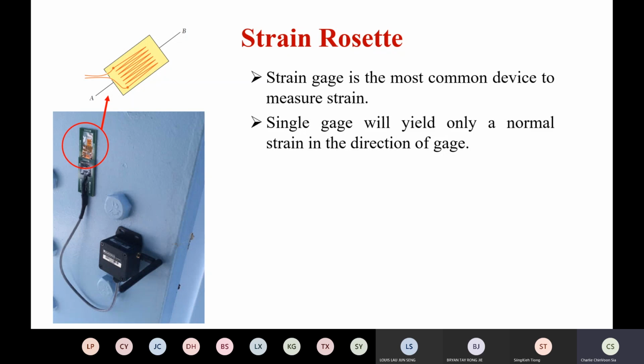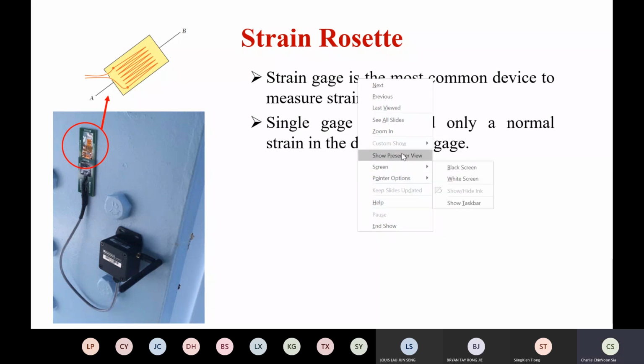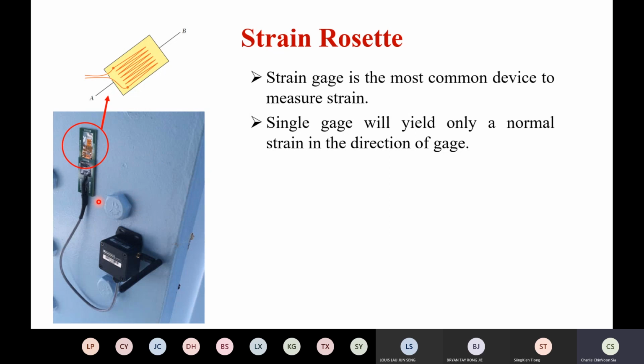So basically, I'll show the pointer first. Okay, there's a pointer. So when we want to test a certain point of a structure, for example, this is a part of a beam from a bridge.